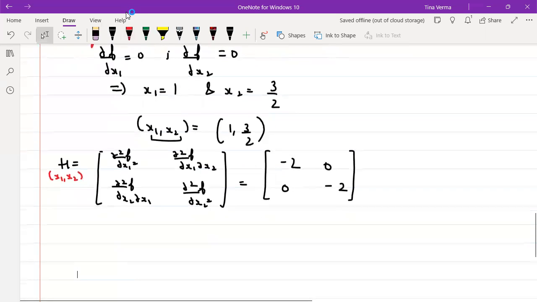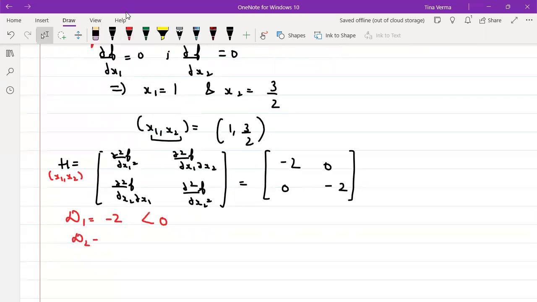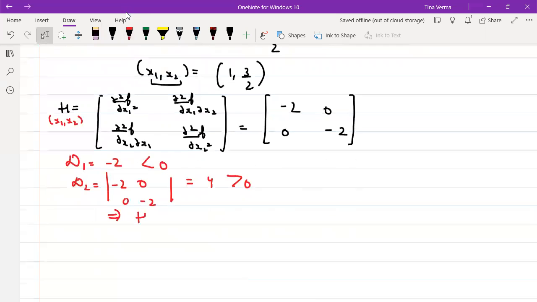Clear? So here you can see your D1 is -2, that is less than 0. D2 is the determinant of -2, 0, 0, -2, that is 4, that is greater than 0, which implies H is positive definite or negative definite. So H is a negative definite matrix.